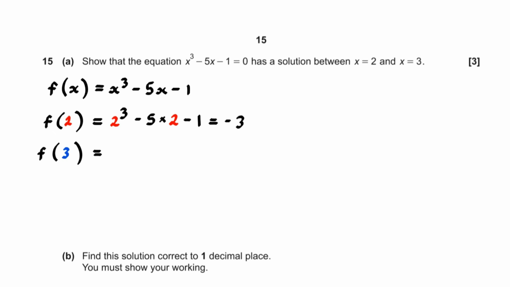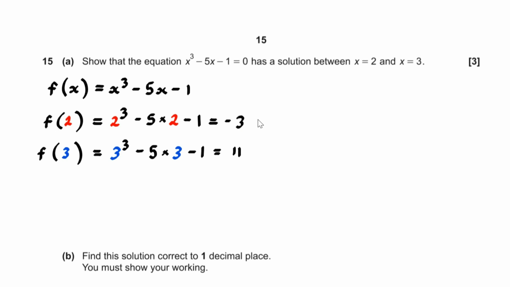And if I work out what f of 3 is, we would have 3 cubed subtract 5 times by 3 subtract 1, and if I work out what this is, we get 11.